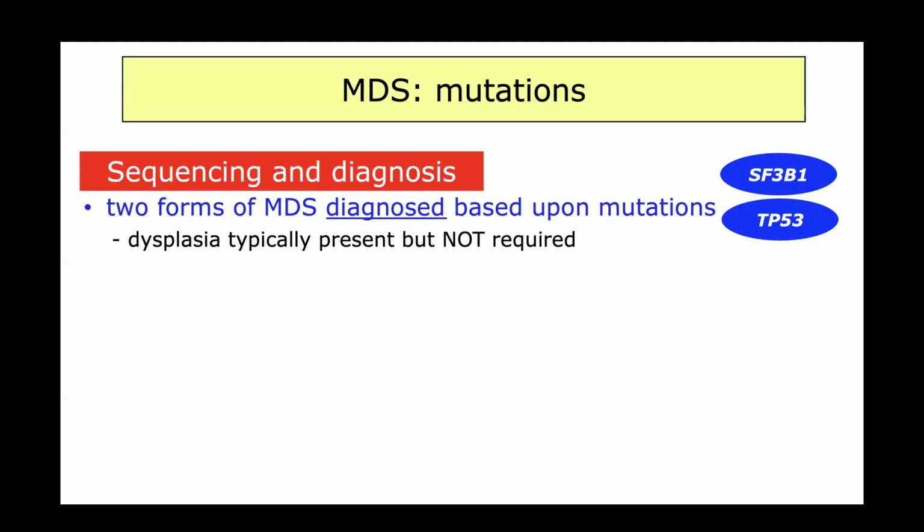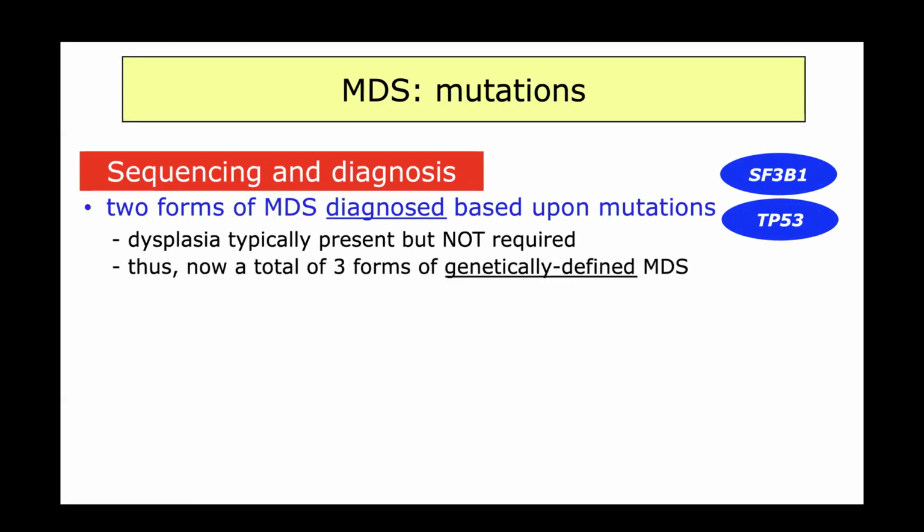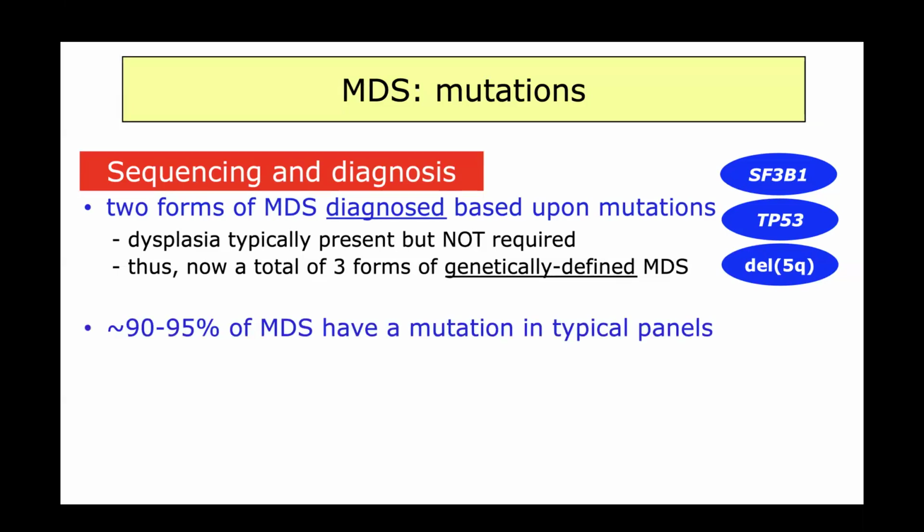In other words, if you have a cytopenia and one of these mutations, you can diagnose MDS in the absence of a morphologic dysplasia. So there are now a total of 3 forms of genetically defined MDS: SF3B1, TP53, and of course, del(5q). And I think in future iterations of classification schemes, there will be more and more genetically defined forms of MDS.